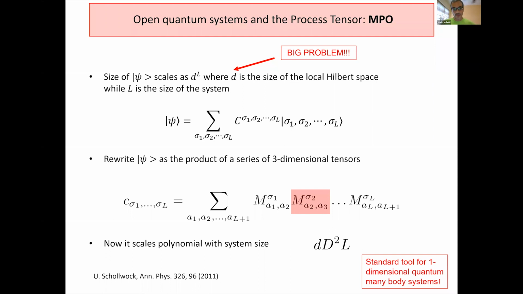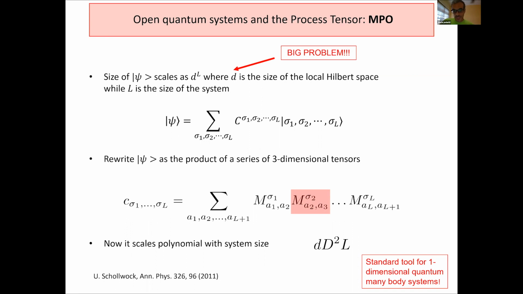So one idea that came out effectively in the 90s is to describe these coefficients as a product of tensors. And what is done is that you limit the size of these tensors to a large enough number that allows you to describe accurately the most relevant part of the wave function. Actually, for certain types of problems, this is an exact ansatz, okay?